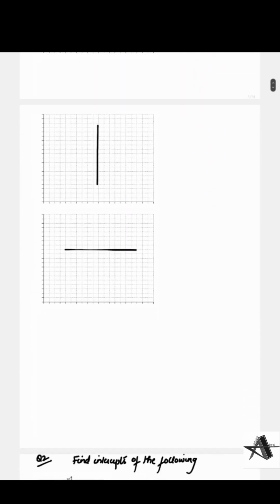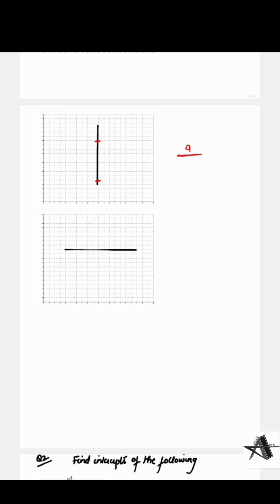Moving on to the next one. Here I'm selecting this point and this point. Moving from this point to this point, how much am I moving in the y direction? In the positive direction, it's 1 2 3 4 5 6 7 8, so 8 blocks.